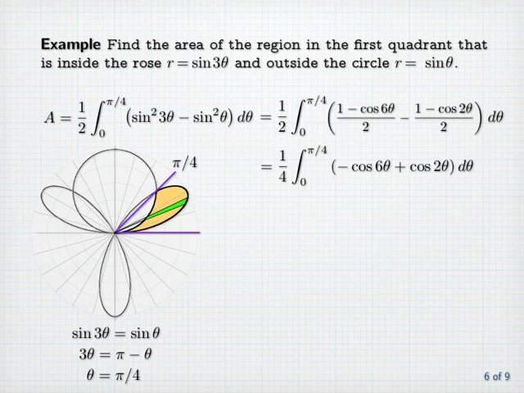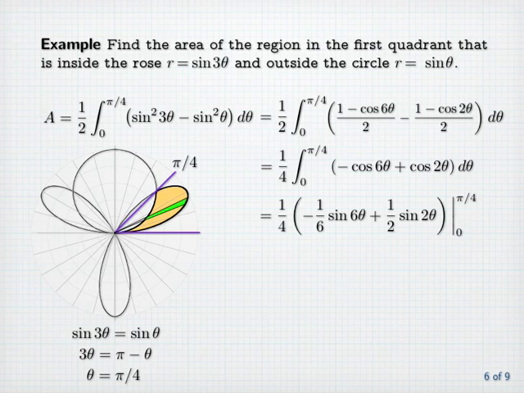An antiderivative of minus cosine 6 theta is minus 1/6 sine of 6 theta, and an antiderivative of cosine 2 theta is 1/2 of sine of 2 theta. So after a bit of simplification, we have 1 over 24 times 3 sine 2 theta minus sine 6 theta, which we evaluate from 0 to pi over 4.